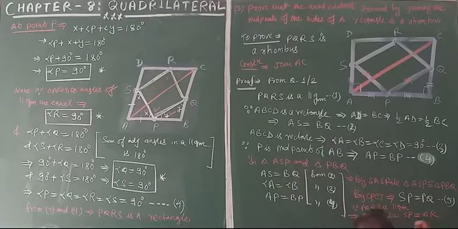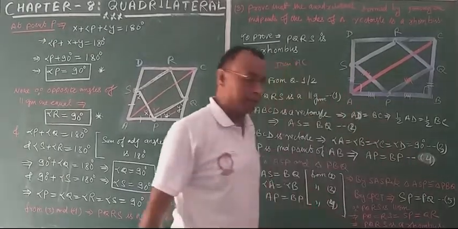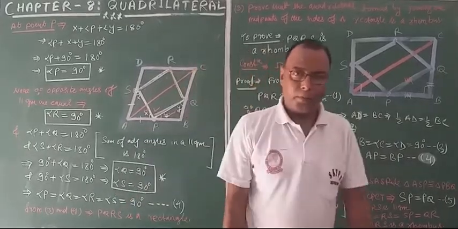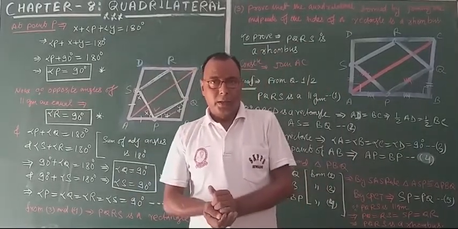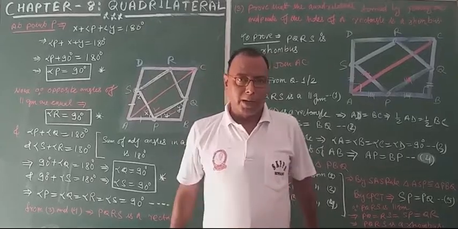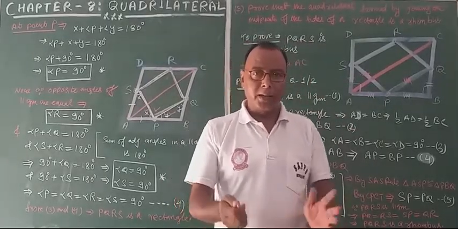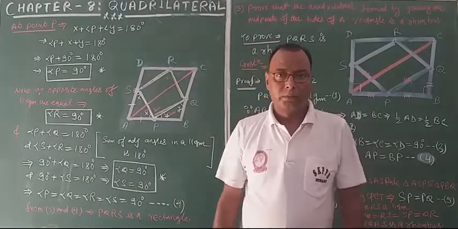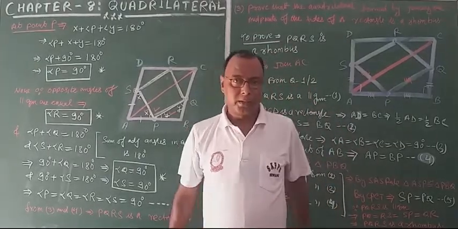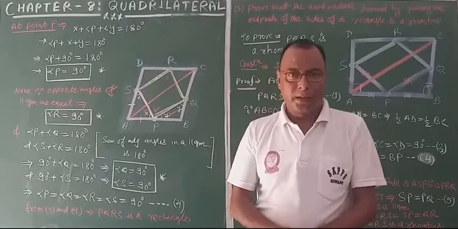All the sides are equal. It means PQRS is a rhombus. So in this way, we can prove that the quadrilateral formed by joining the midpoints of the sides of a rectangle is a rhombus. So that's all for today. Thank you very much.